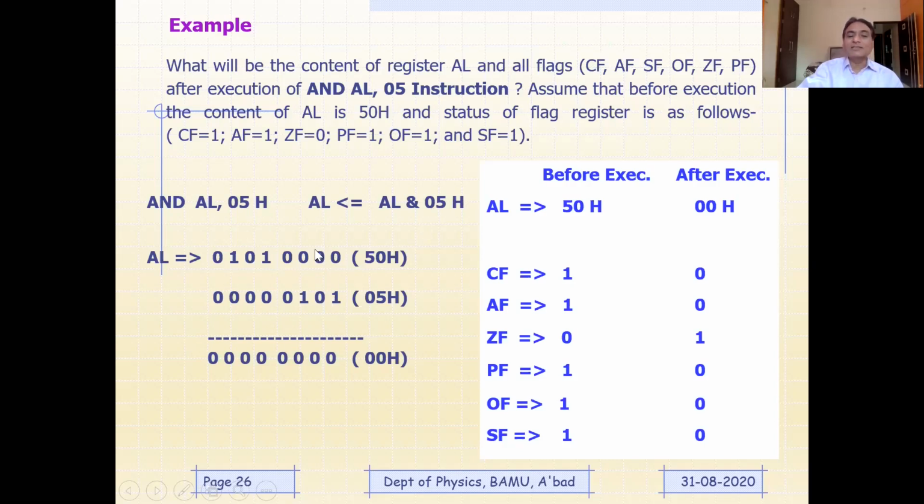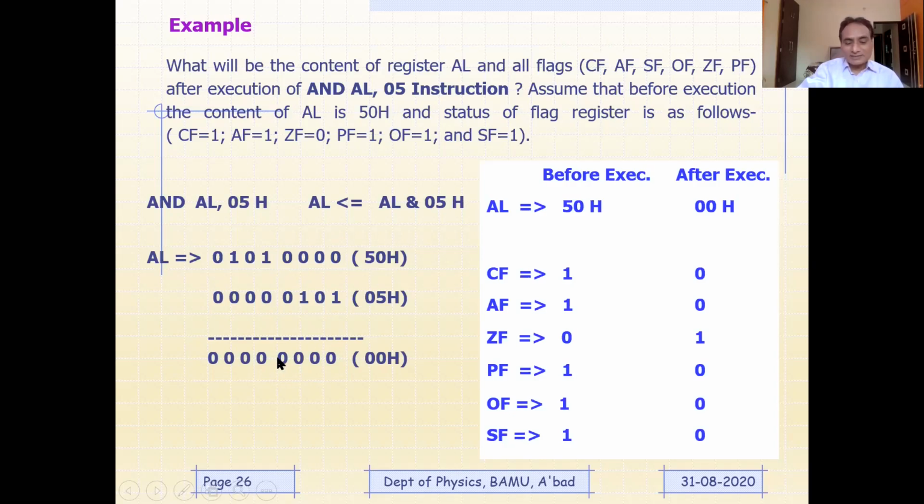So this has to be logically ANDed. Now you can see here 0101 0000, logical ANDing. If one of the input is 0, output is going to be 0. So you can see in each of the binary processing, one of the input is always 0 in this particular example. As a result of that, output is going to be 0.